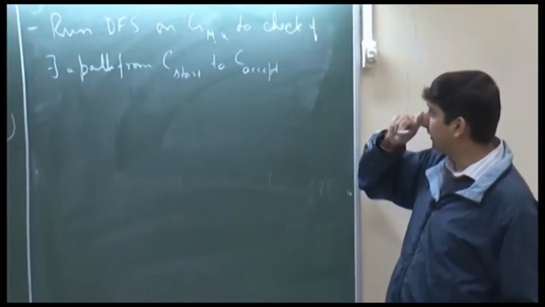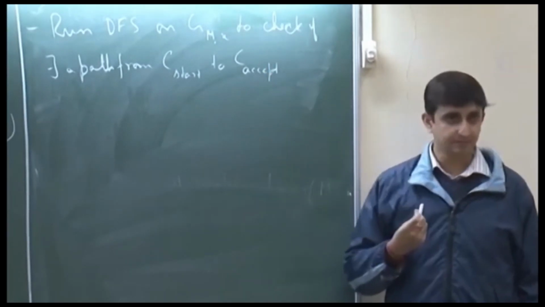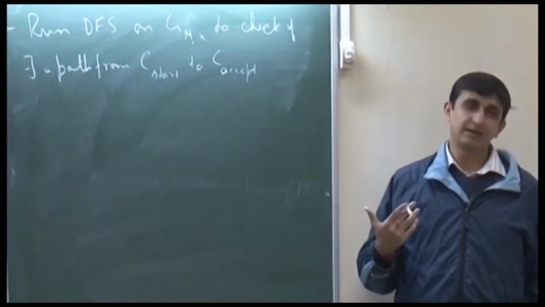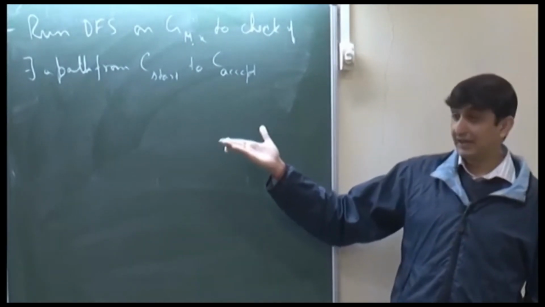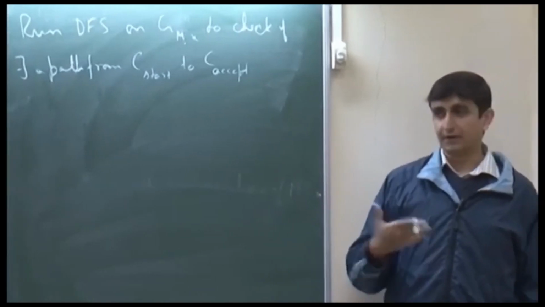And what is the running time of DFS? Number of vertices plus edges. Since our graph has constant degree, the number of edges is order of the number of vertices.